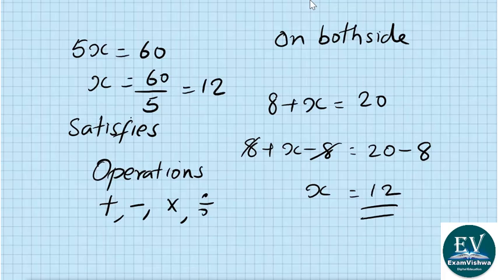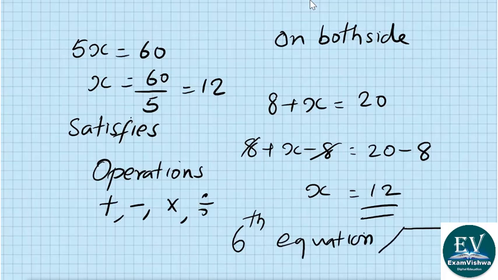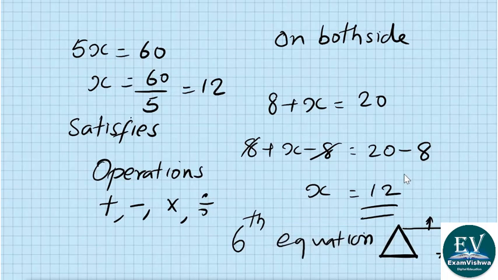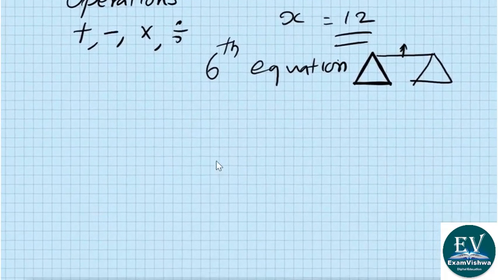I would like to remind you that in class 6th, the chapter equation started with a picture of a balance, a beam balance, if you remember. Understood? That means an equation has an equal to sign, an equation has a concept of balancing.